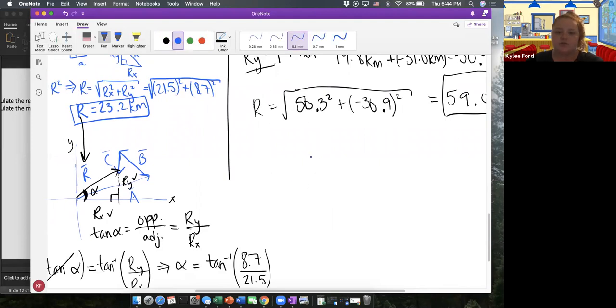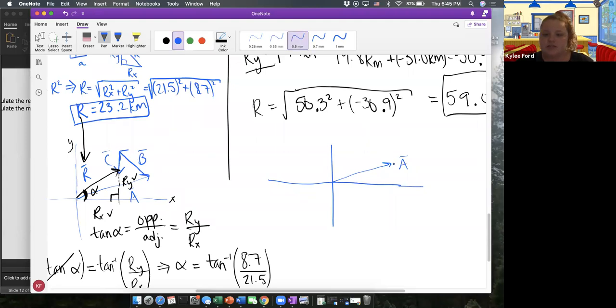So let me do a similar thing to what I did before. Okay, we have our A going in that direction. That's our A. Now our B is going to be in the complete opposite direction here. It's going to be the same magnitude, but in the opposite direction.